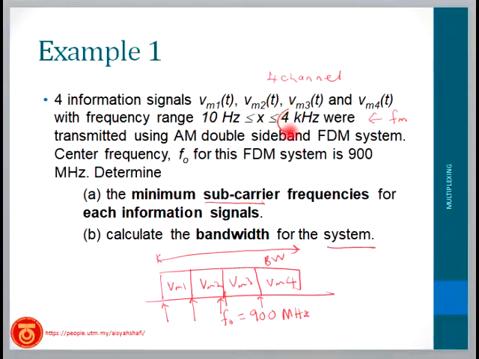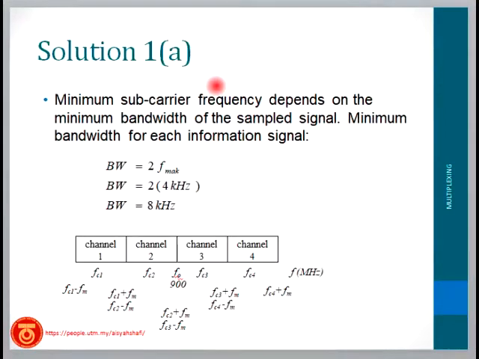FM maximum is 4 kHz and minimum 10 Hz. So the bandwidth here is 2 Fmax. Fmax is FM max, which is 4 kHz, and the bandwidth is 8 kHz. So the bandwidth for this signal is 8 kHz.